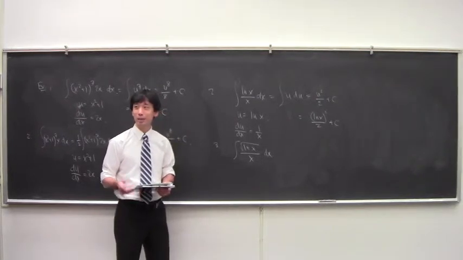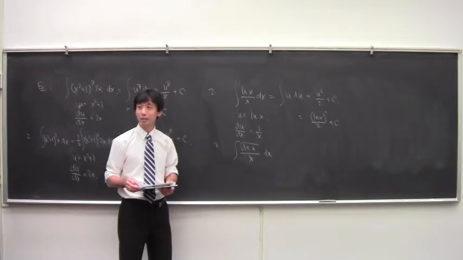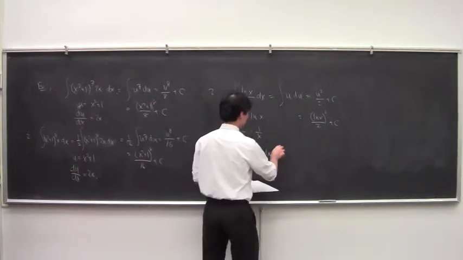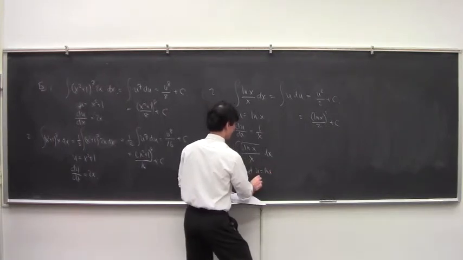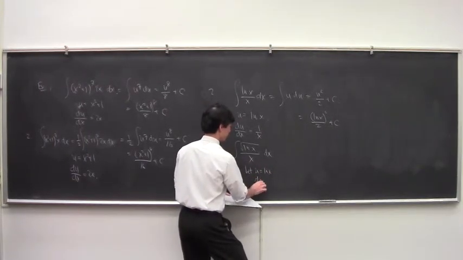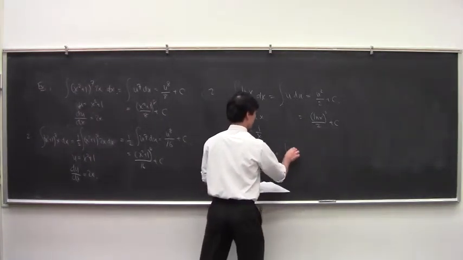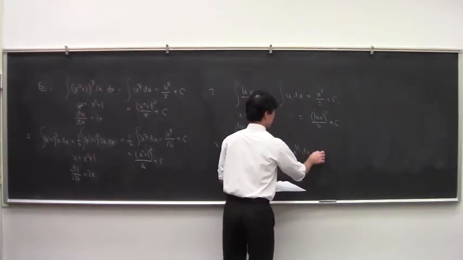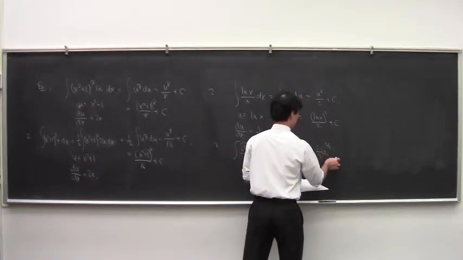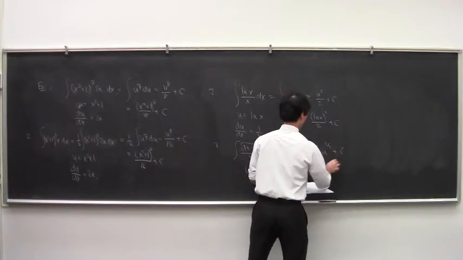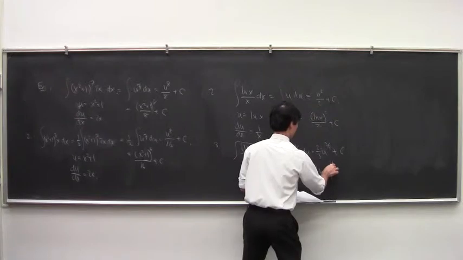Go ahead, I think you said it first, Charlie. ln(x). So let u be ln(x), du dx is 1 over x, and this is u to the 1/2 du. So you get 2/3 u to the 3/2. In other words, 2/3 natural log x to the 3/2.